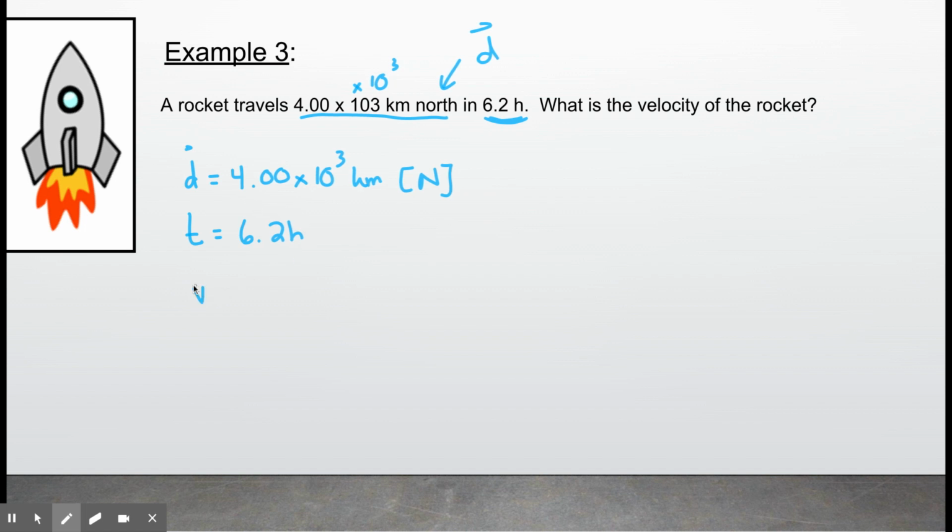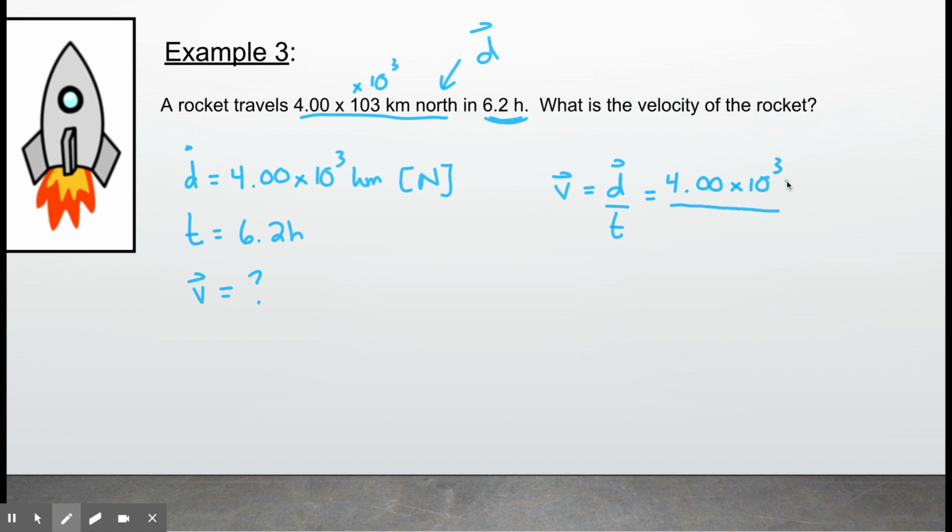And now I am looking for a velocity. So formula, V is equal to D over T. D is 4.00 times 10 to the 3. You can enter this into your calculator in this format. If you are not sure, send me a little message, and I can either do a one-on-one Zoom or I might make a little video on how to type that into your calculator, but it is possible.